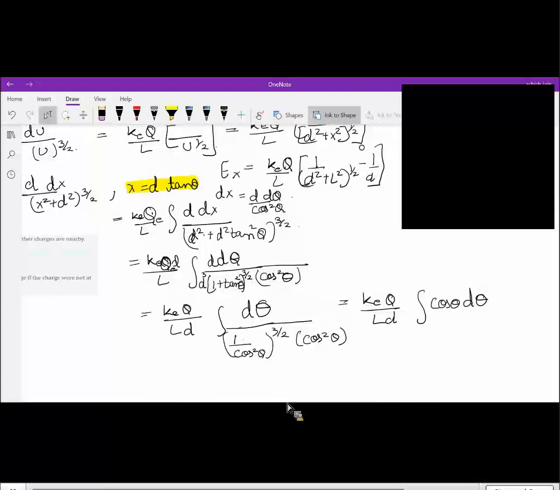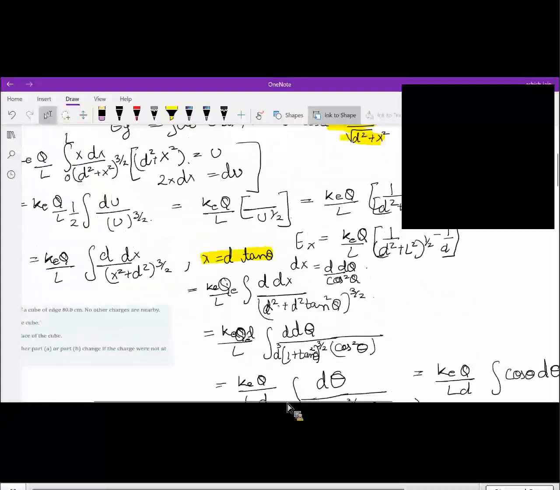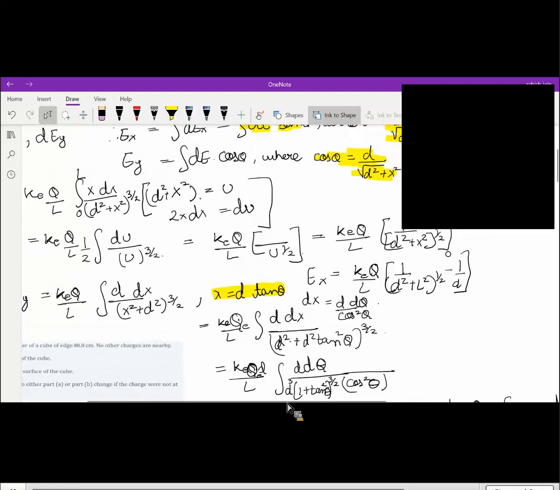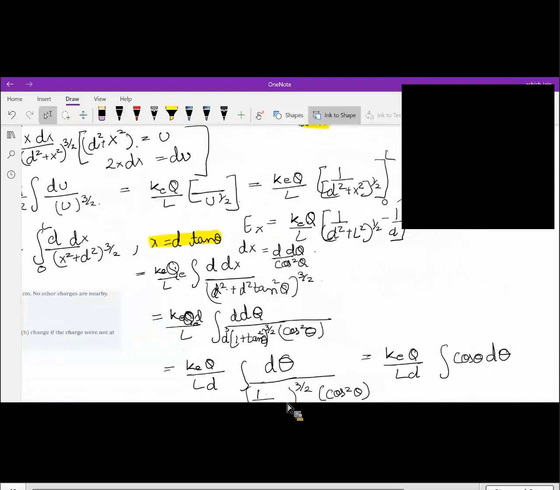Now you have to substitute the limits. How do you do that? x goes from 0 to l. I didn't type it here, let me type it. So theta goes from 0, if x is 0, theta is 0.